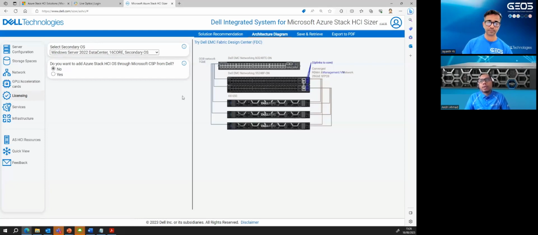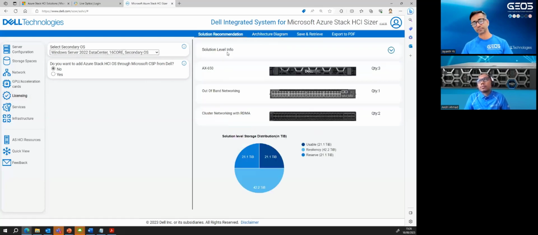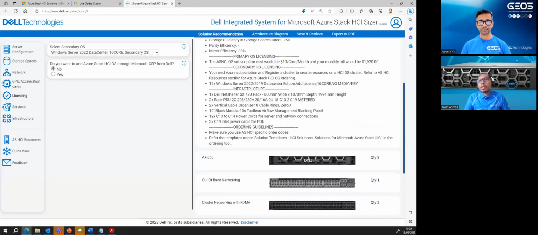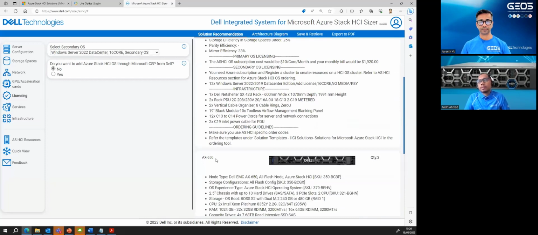If you want unlimited Windows VMs, you can use our Windows 2022 Datacenter licenses, and the solution will calculate, based on the number of physical CPU cores, how many licenses you will need.